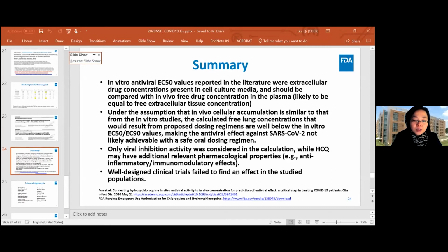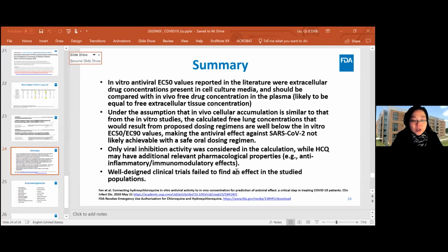Under the assumption that in vivo cellular accumulation is similar to that from the in vitro studies, the calculated free lung concentration that would result from the proposed dosing regimen is well below the in vitro EC50 values, making the antiviral effect against SARS-CoV-2 unlikely with a safe oral dosing regimen.